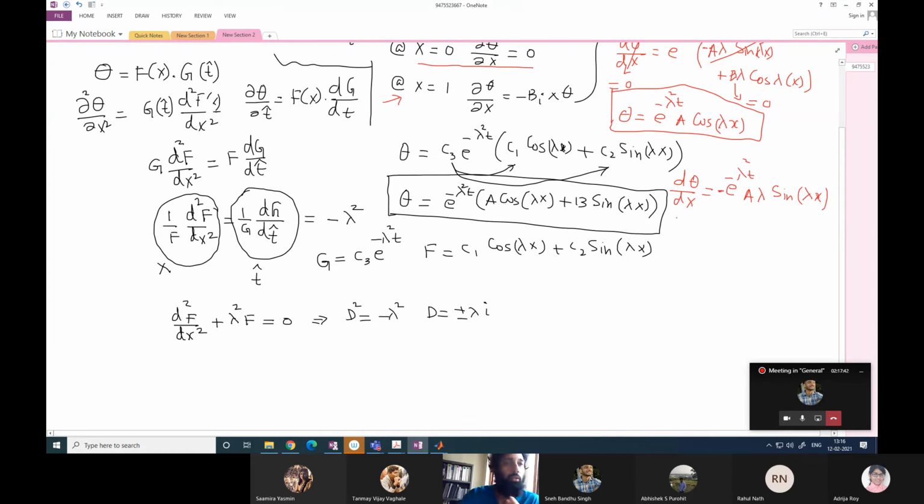Okay, so this is minus Biot number times theta equals to negative of e to the power minus lambda square t, actually t hat, A lambda sin lambda x. I need to write it clearly.